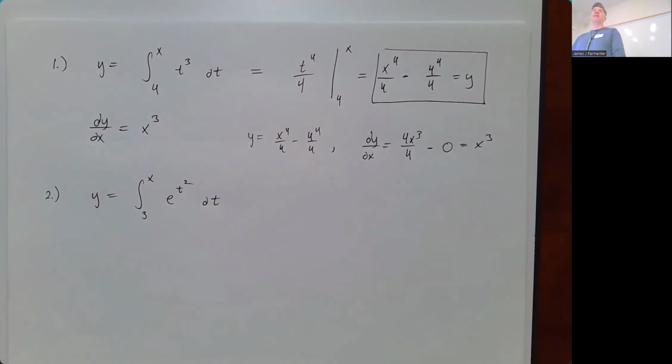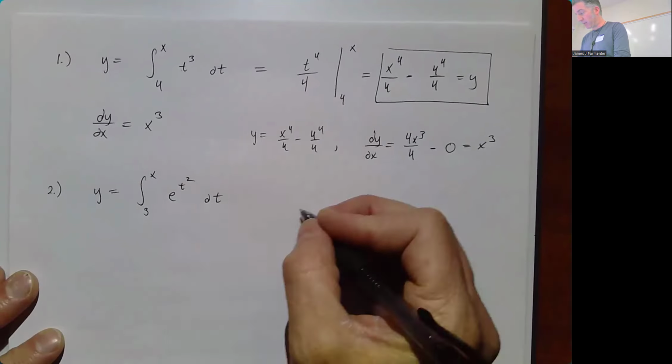There is no antiderivative of e to the t squared or e to the x squared, whatever you want to call it. End of story. Don't look for it. It's not there. You cannot find a nice function whose derivative is equal to e to the t squared. It doesn't exist. And there are lots of functions, like sine of t squared, that also do not have an antiderivative.